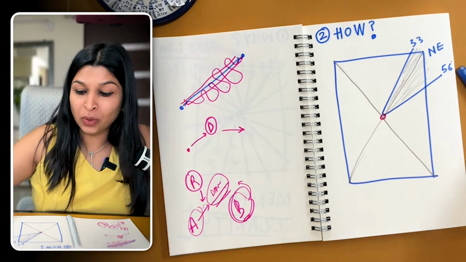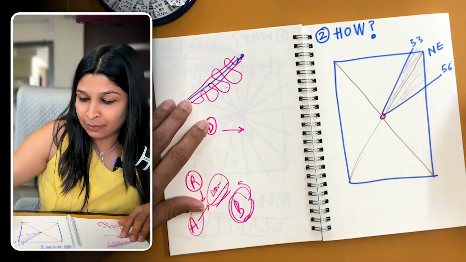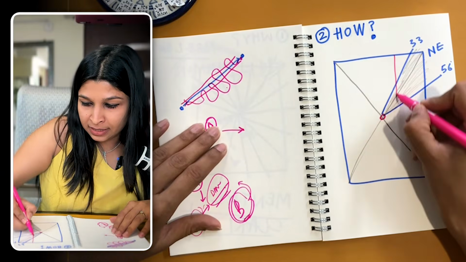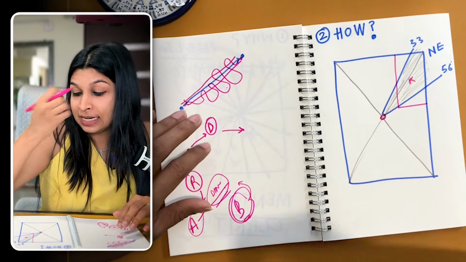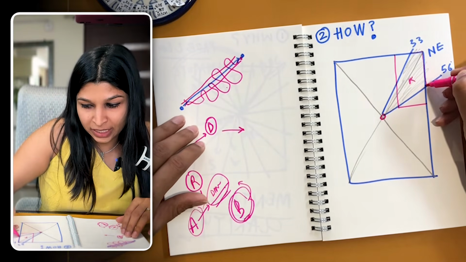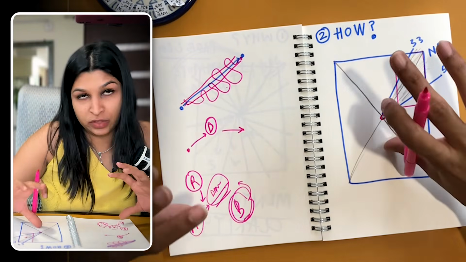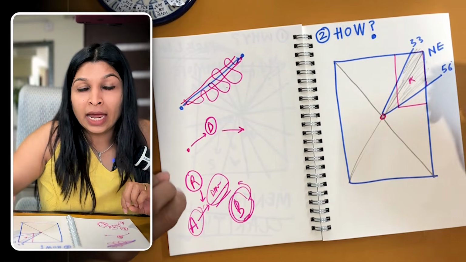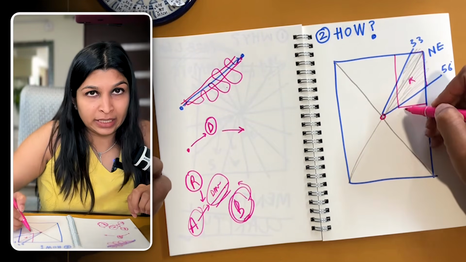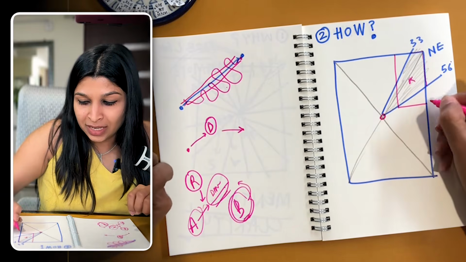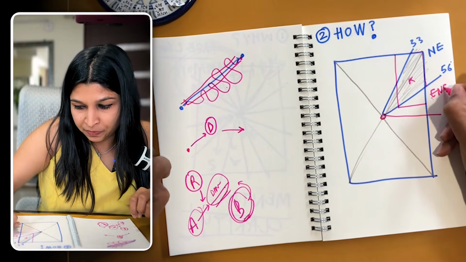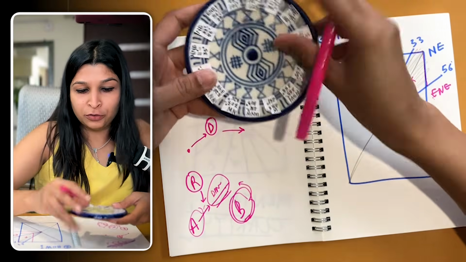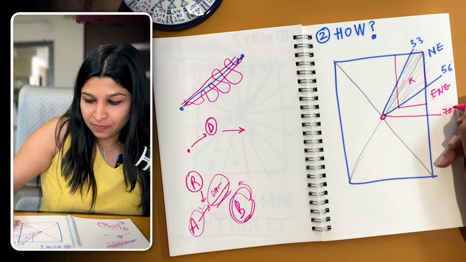If you do have a kitchen coming over here, even in that case, what you need to check is whether your gas stove is placed in this shaded area or kept outside of it. If your gas stove is in this shaded area, ideally shift it to the adjacent area, which is east-northeast, spanning between 56 to 78 degrees.